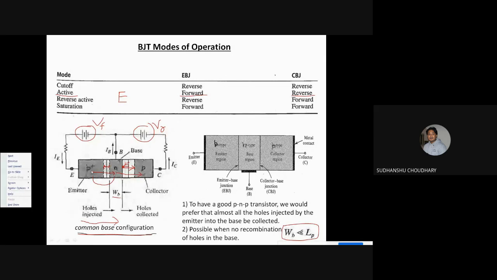That is, in a PNP transistor, the holes are emitted from the emitter, they come into the base region, and if the base region width is small, not many of these holes will be recombined here. Because of this reverse bias junction, that is, the collector base junction is reverse biased, you have a high electric field. So any hole which has come near this depletion region will be swept away into the collector region, and the collector will collect the holes. Because of this, you'll have a current between collector and emitter.